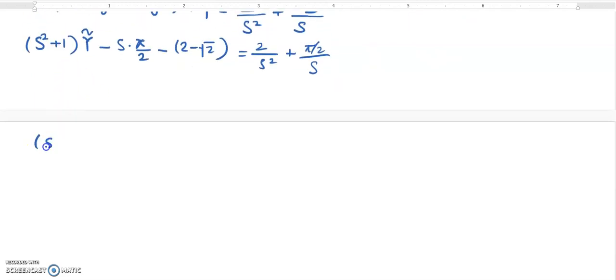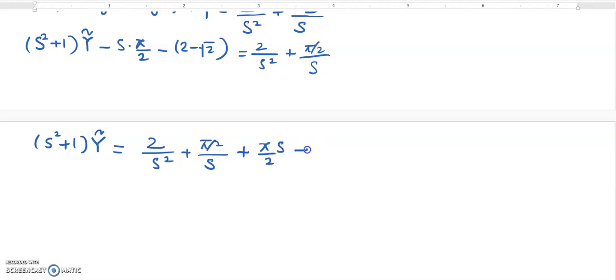One more step: s squared plus 1 times capital Y tilde will be equal to 2 over s squared plus pi over 2 s, plus pi over 2 s, and plus 2 minus root 2.